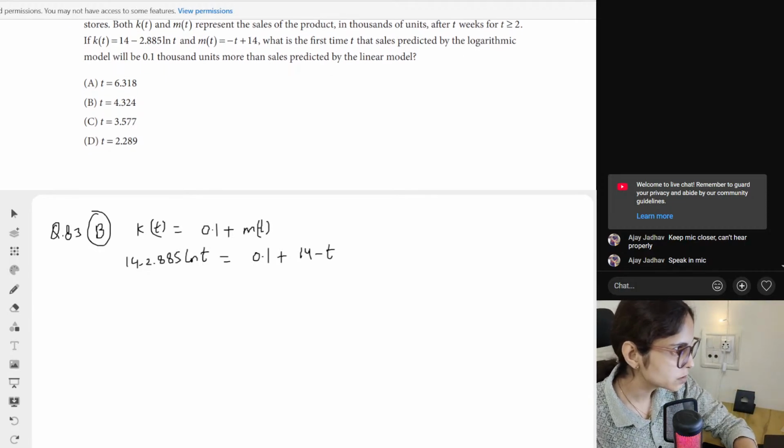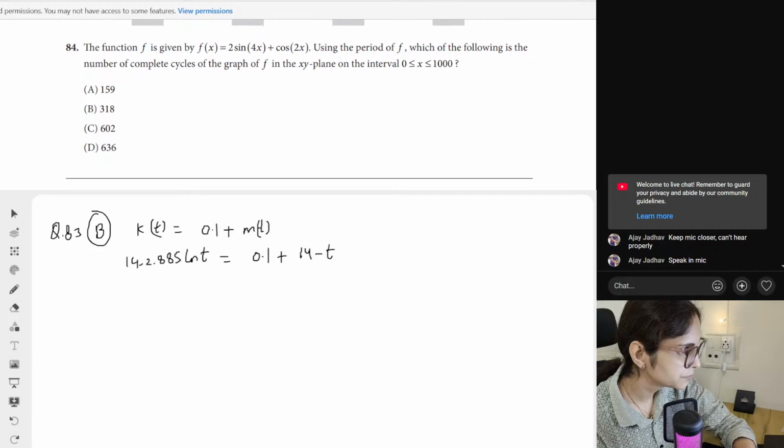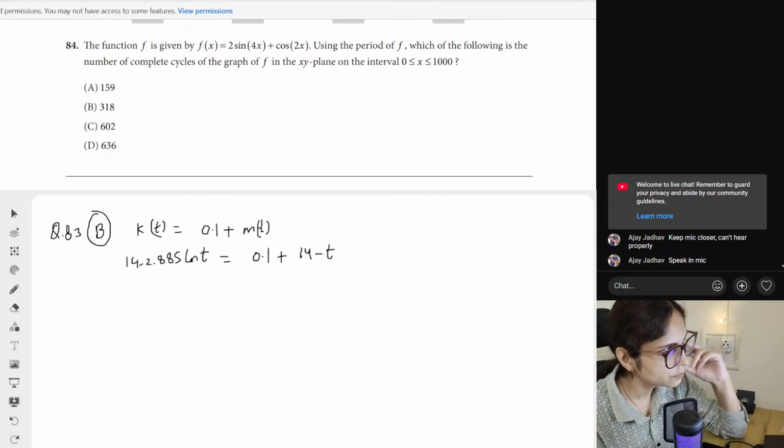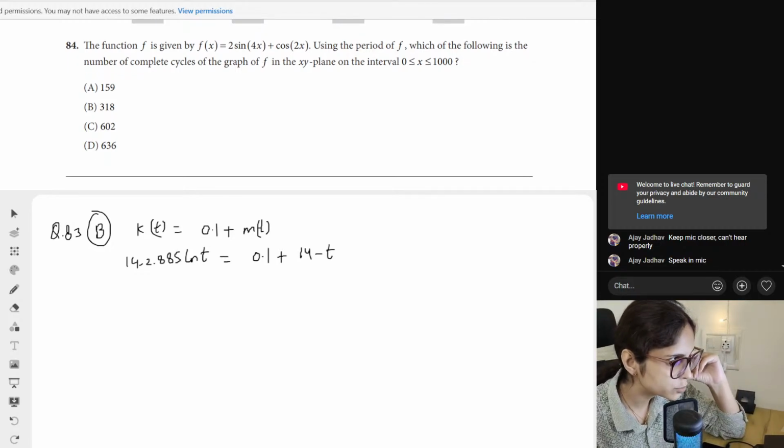Now the next question is question number 84. The function f is given by f of x equals 2 sine 4x plus cosine 2x. Using the period of f, which of the following is the number of complete cycles of the graph of f in the xy plane on the interval 0 to 1000?